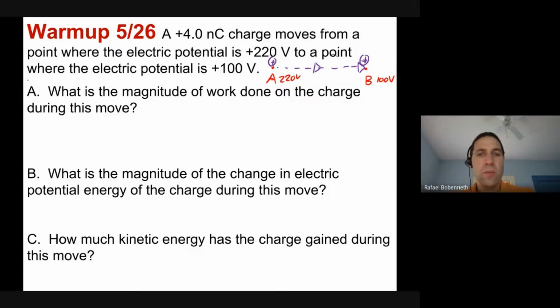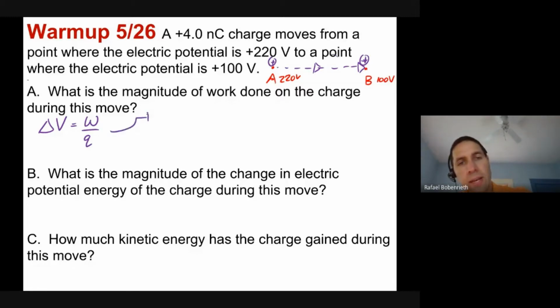The first question is, what is the magnitude of the work done on the charge during this move? We can calculate that. If you recall, electric potential difference, delta V, is equal to the work done per unit charge in moving a test charge from one point, point A, say, to another point, say, point B. And notice we want to know the magnitude, so positive and negative signs don't matter in this case.